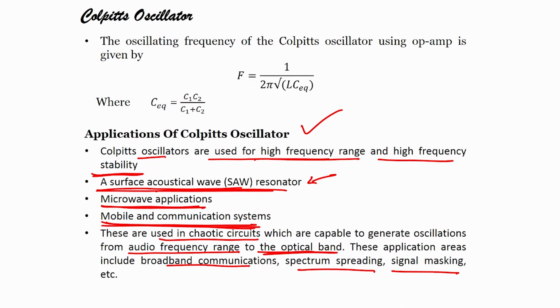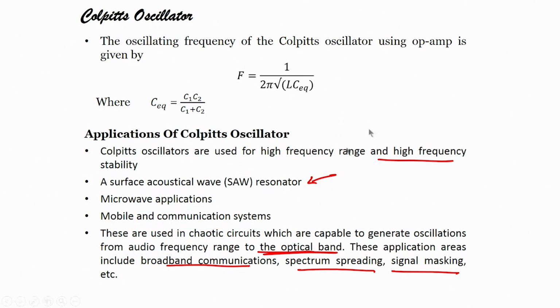So, this is how we can design the Colpitts oscillator using LC. So, guys, what have we seen in this module? What we have seen is how we can design a Colpitts oscillator and how we can design a Hartley oscillator using a tank circuit.